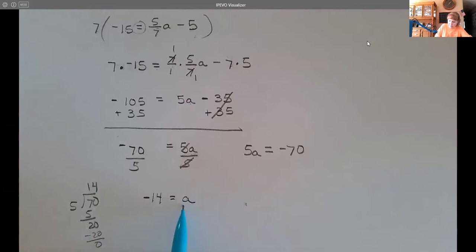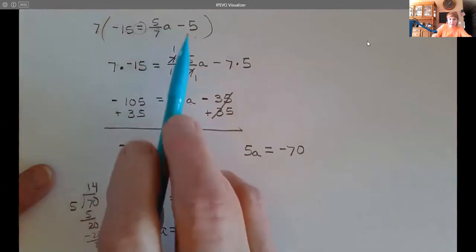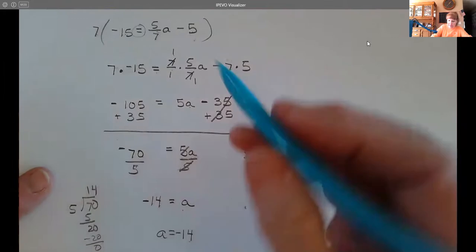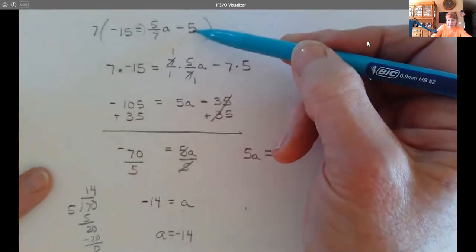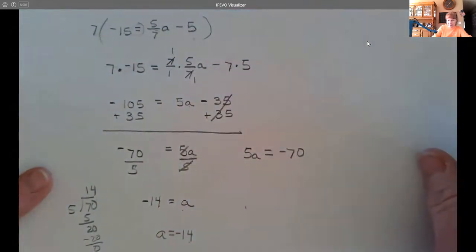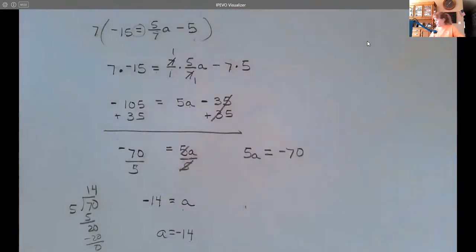And you have the 1a. Or a equals, again, you can swap it, negative 14. And you could put that back into the original, take 5/7 times a negative 14, subtract 5, and you should get a negative 15 for number 9. Okay, perfect. So there's our answer. And we just eliminated the fractions.